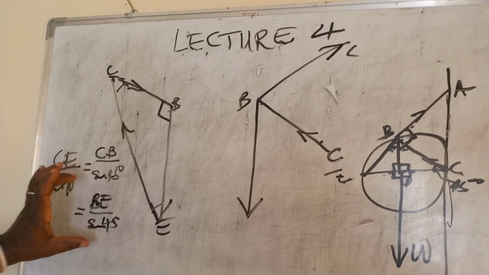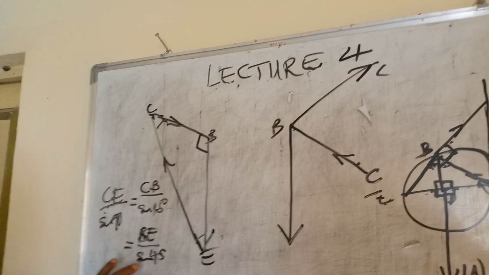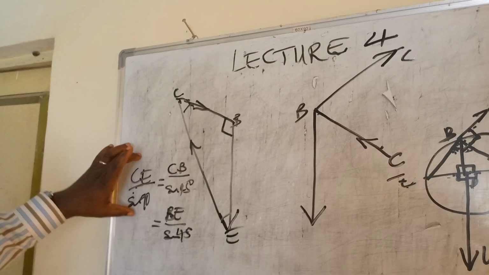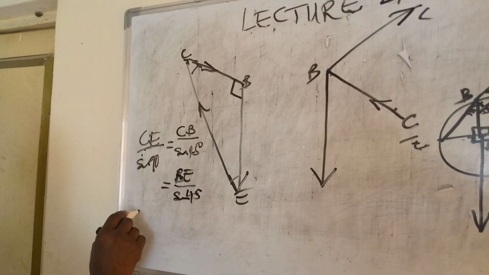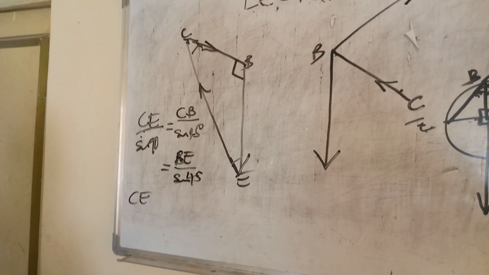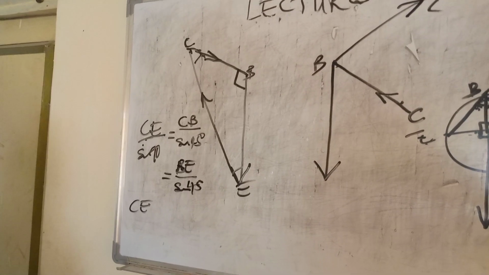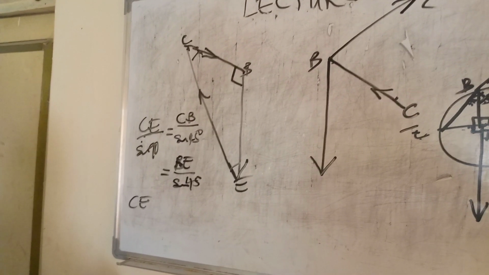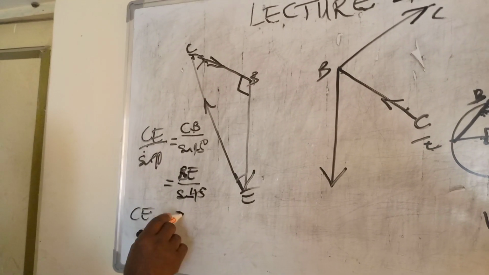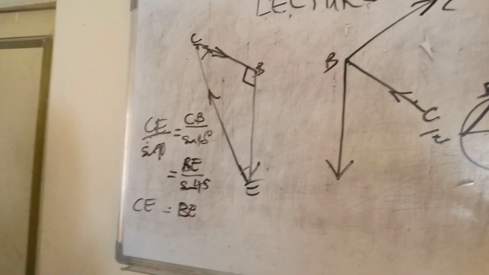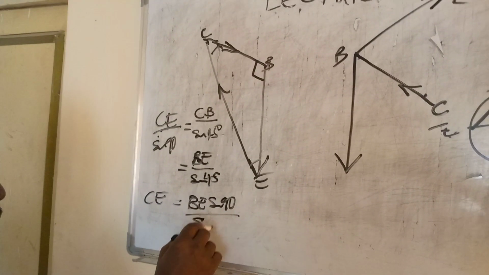So with this, for me to get CE, the reaction of the wall on the ball, CE is equal to BE, which is the weight of the ball, sine 90 over sine 45.